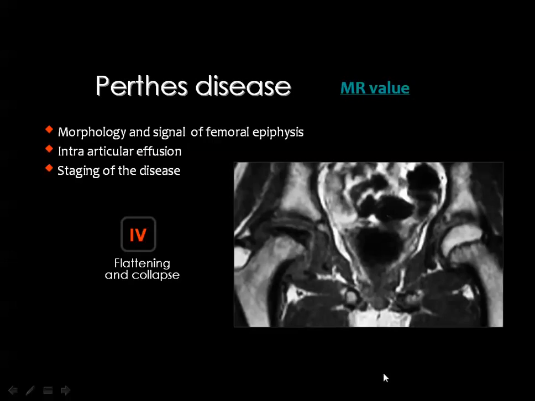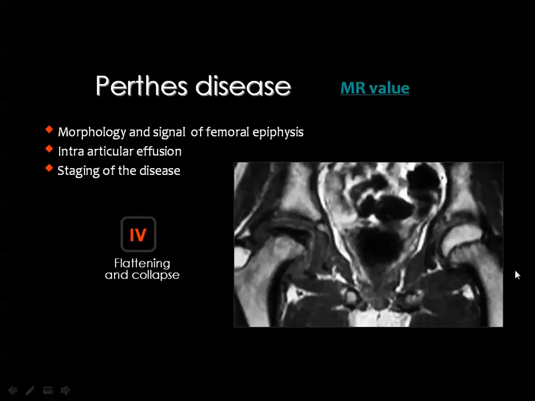And MRI is helpful for evaluation of early stages of avascular necrosis in adults as well as in the pediatric age group. In cases where the plain X-rays are normal, MRI can show early changes in the capital femoral epiphysis.